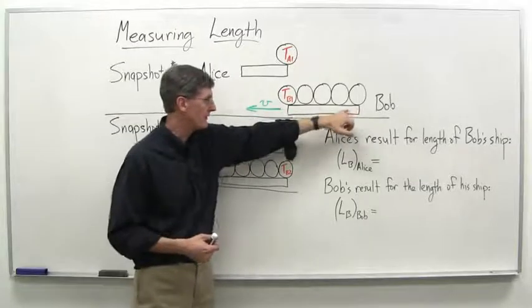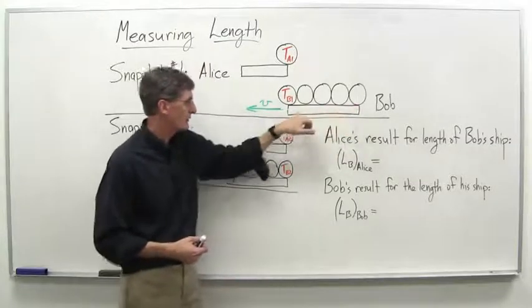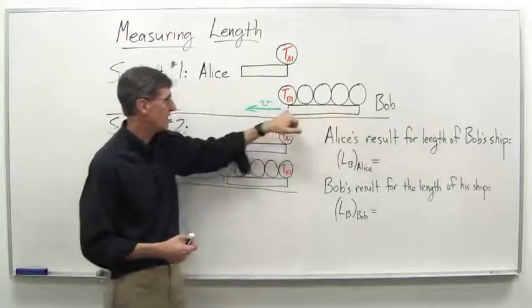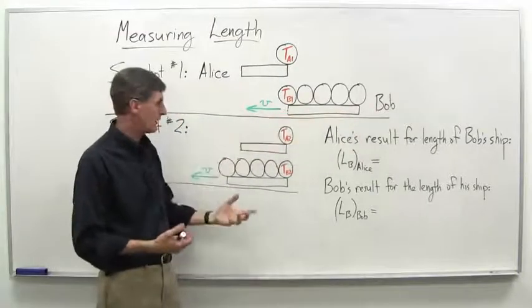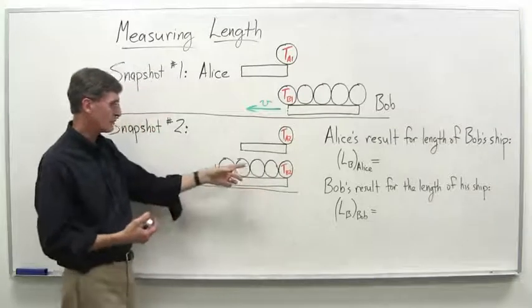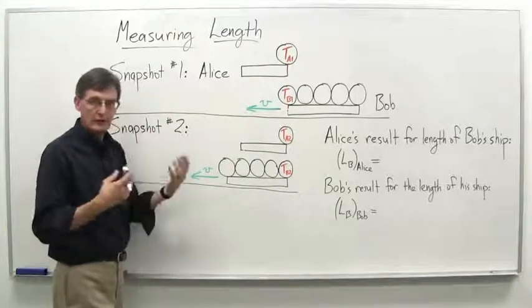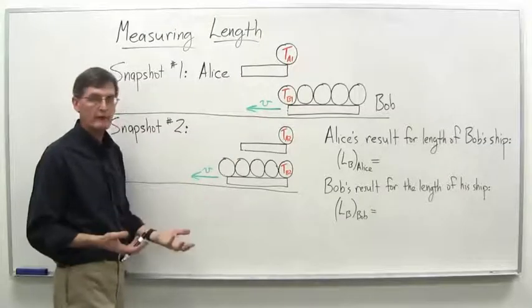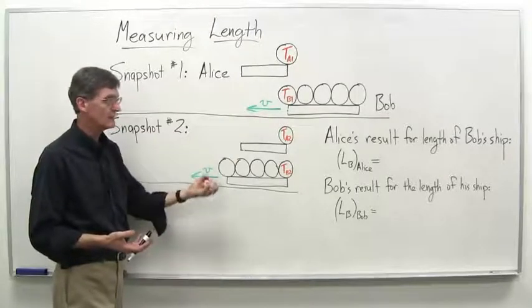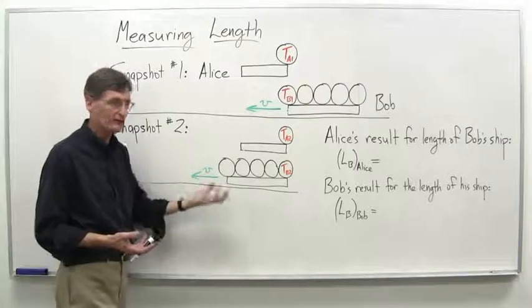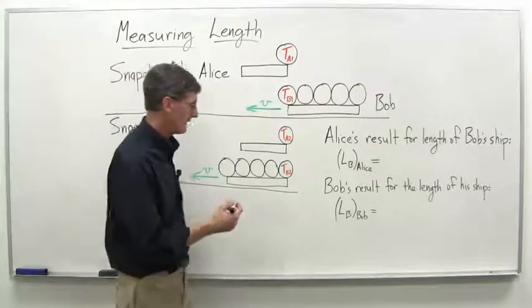And so that will be the length of his ship: start the clock here, wait until you see the end of the ship go by, stop the clock, as we did right here in our second snapshot, TA2. It's very simply, you take the velocity of the ship and multiply by the elapsed time between the time you see the front of the ship and the back end of the ship.